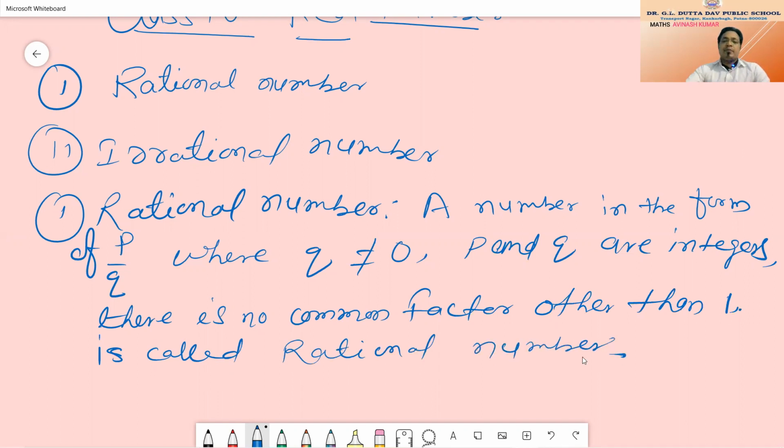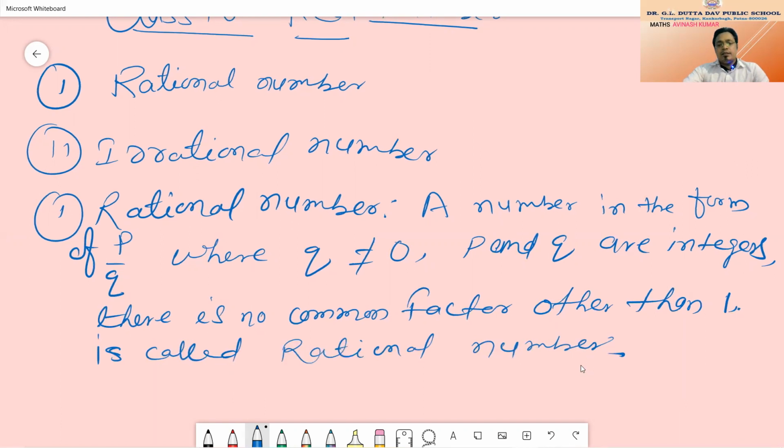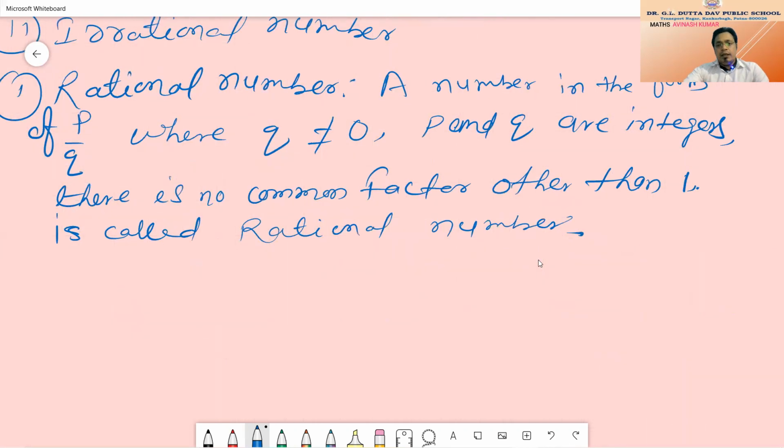Now in this definition there is a term, integers. Students, we must know about integers. What are integers? Let us define integers.